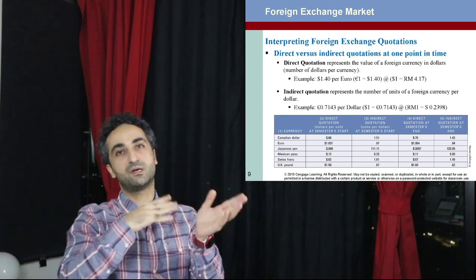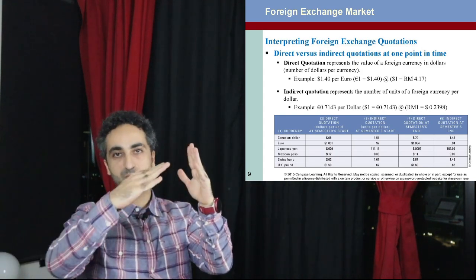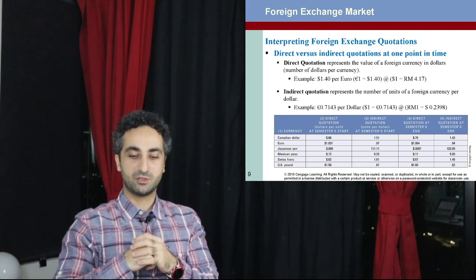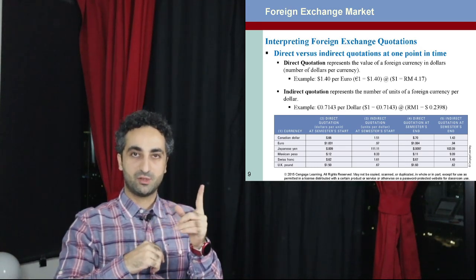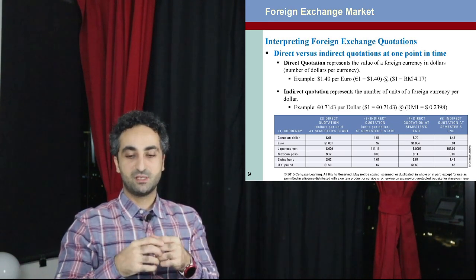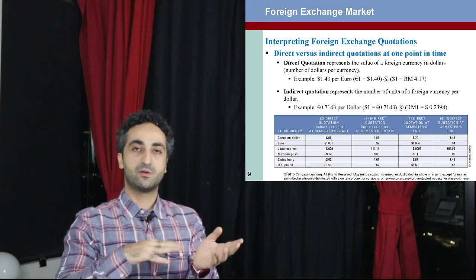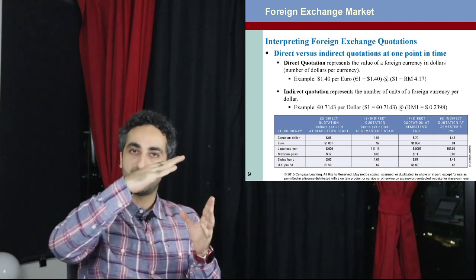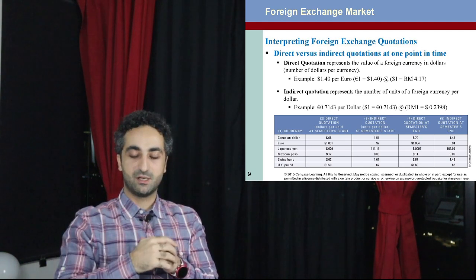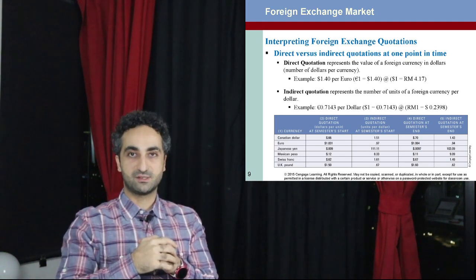How about the other face of the coin? It's the opposite. It would be going down. So take a look at the indirect quotation. 1 USD equals how many euros, how many foreign currency? 97 cents. How about the end of the semester? Declining. Now 1 USD equals fewer euro cents basically.